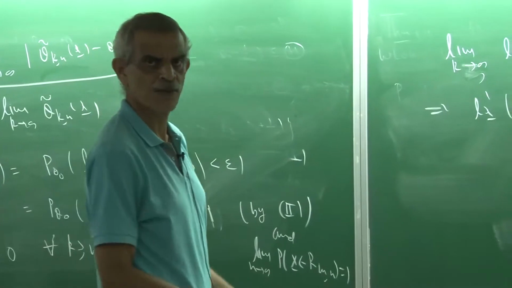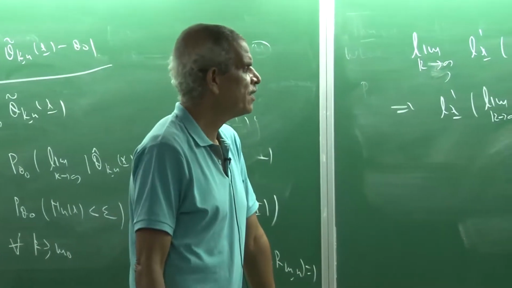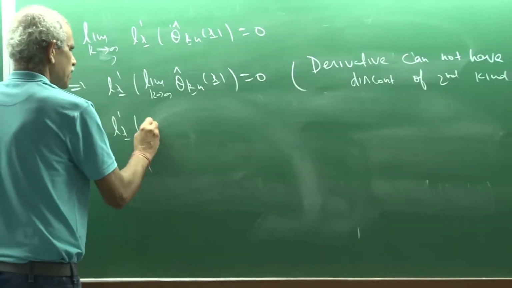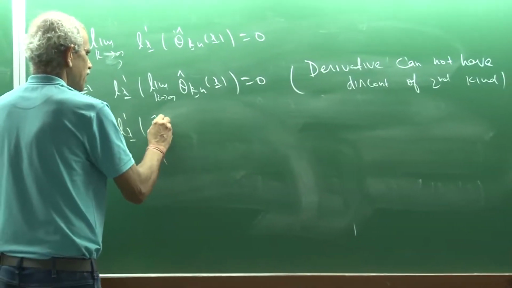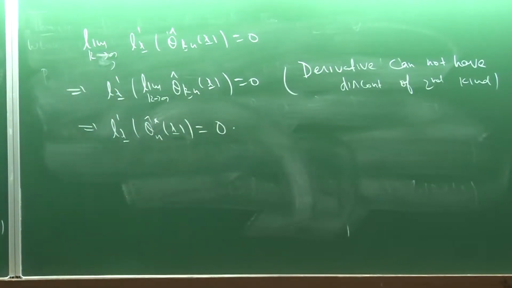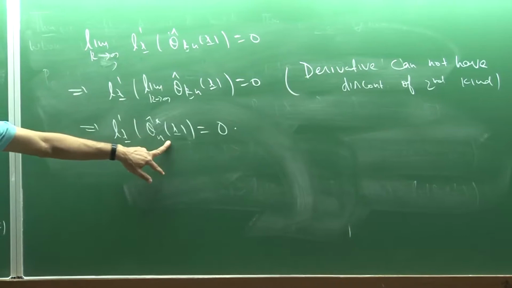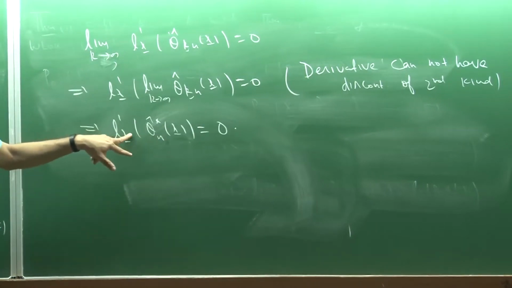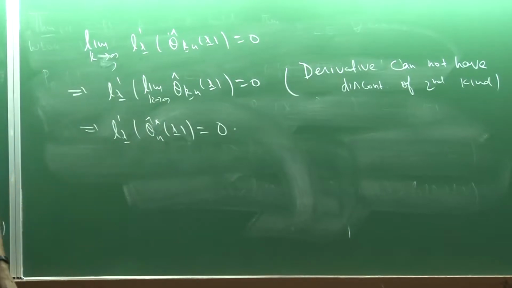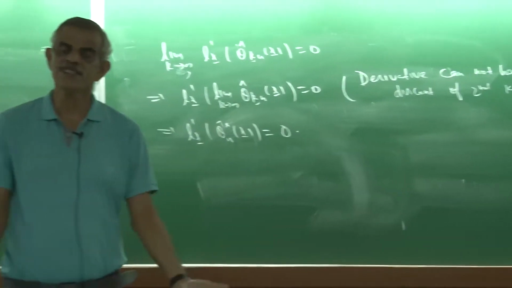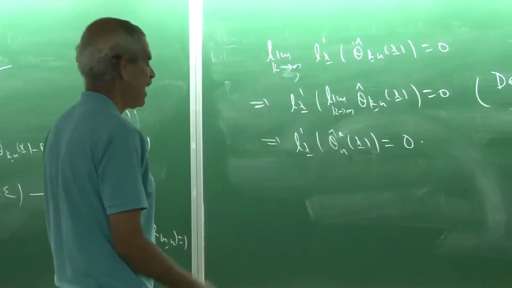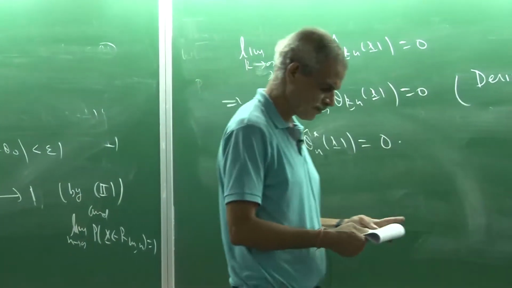That is a well-known property from your calculus, which implies that Lx prime theta hat n star x is equal to 0. So that means for every x belonging to Rn this happens. So the probability that Lx prime theta hat n star x equals 0 would be greater than or equal to the probability that x belongs to Rmn, which, as n goes to infinity, goes to 1. And that proves the result.